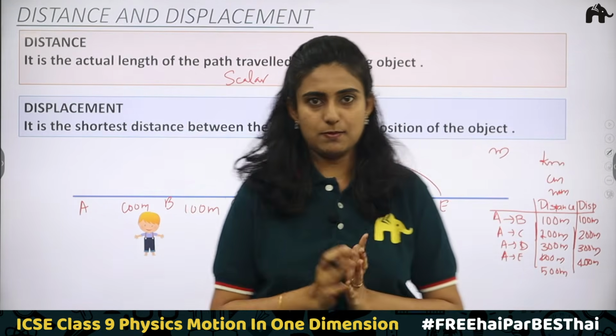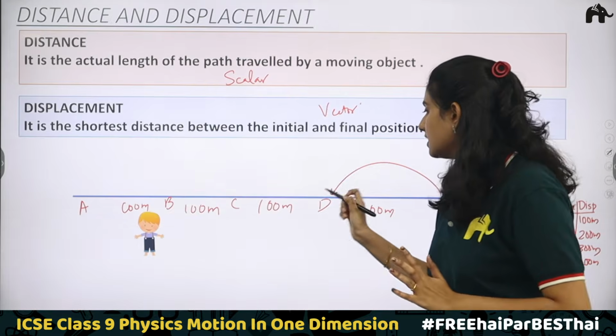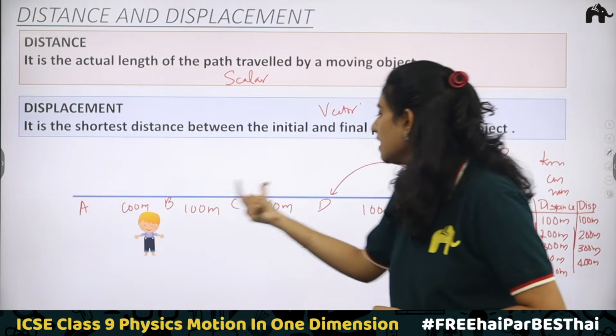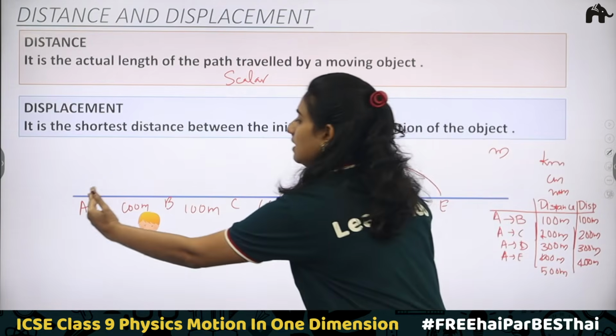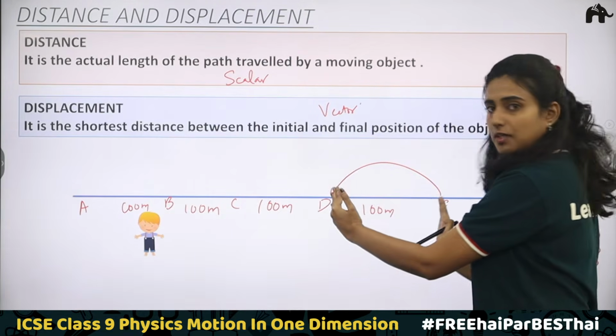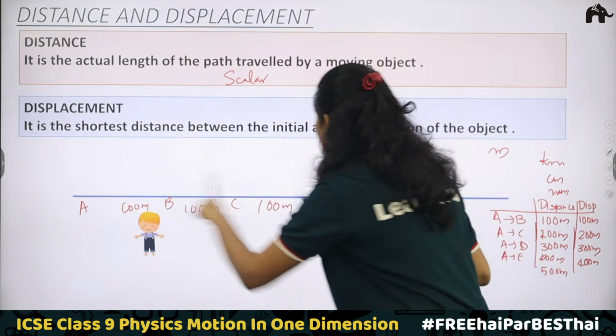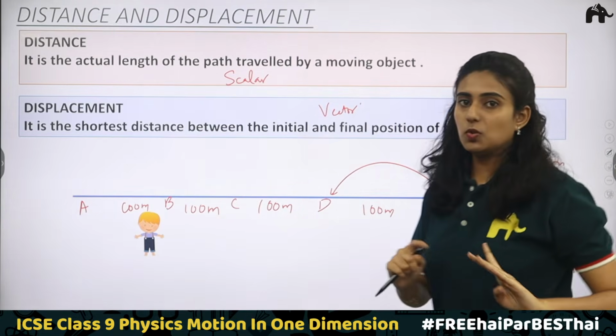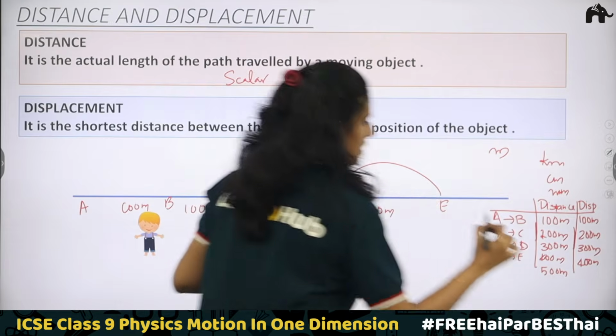What about displacement? From A to D, the shortest distance is 100 plus 100 plus 100. This is the straight line distance. We don't need to consider the path, we just need to consider the initial and final positions. So the shortest distance will be 300 meter.